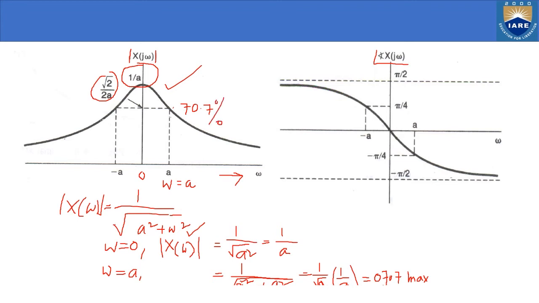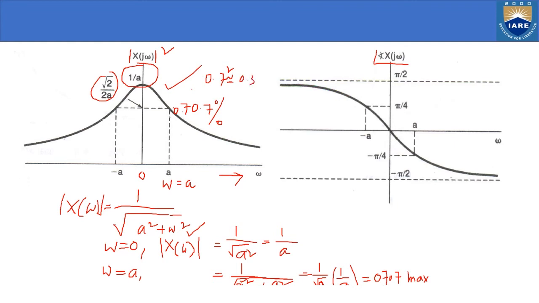So if I take the square of this, this 0.7, 0.7 squared, I will get 0.49. So this is approximately 0.5.